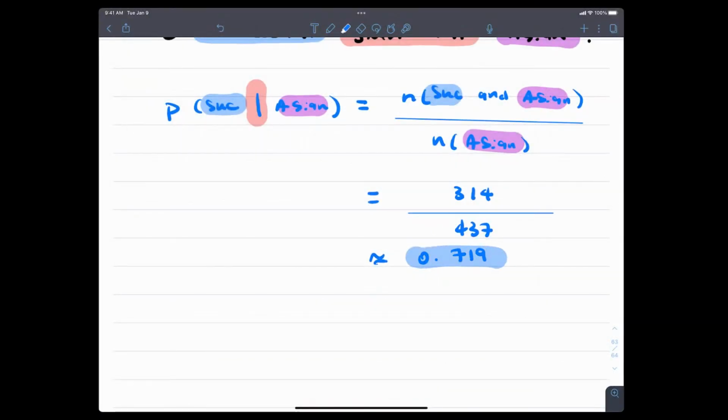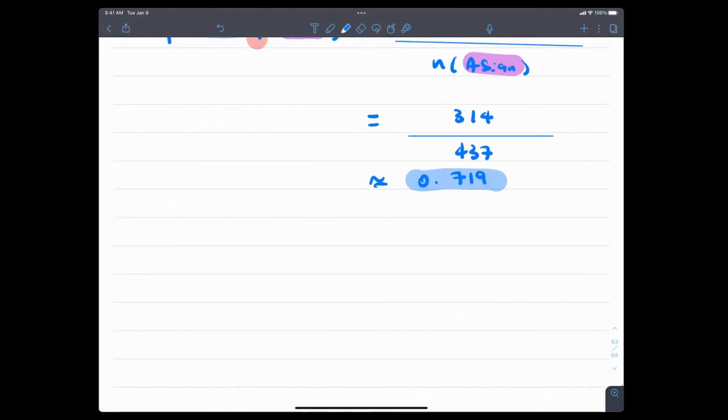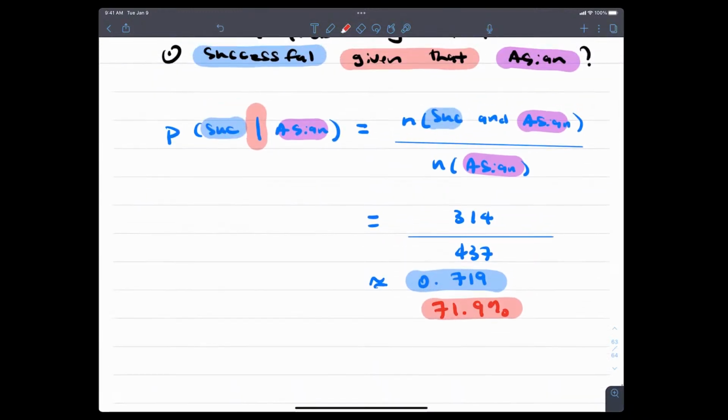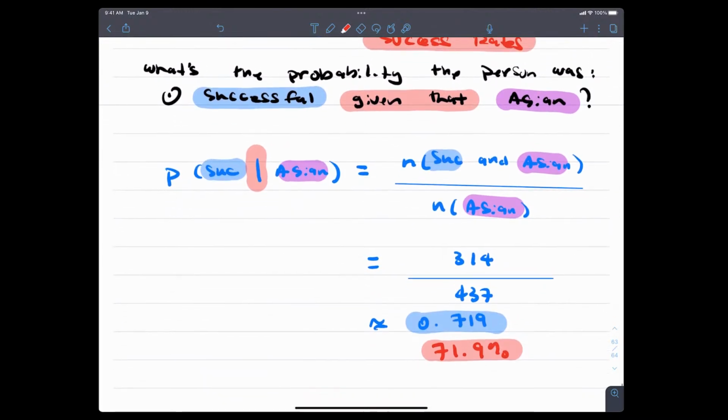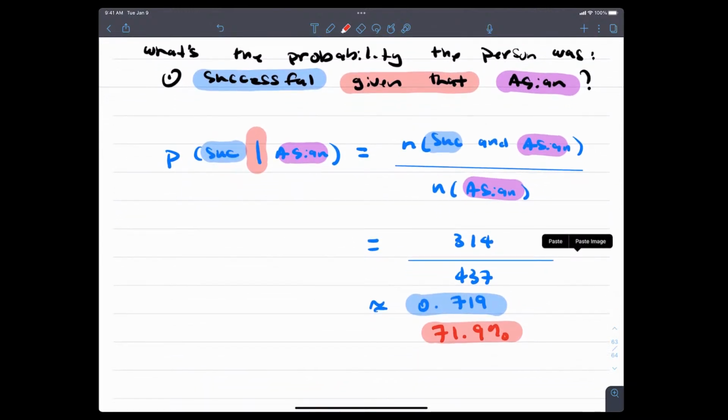Good job. And what is this as a percent? 71.9%. Move the decimal 2 spaces to the right. So this is a success rate for which group? For Asian students, ladies and gentlemen. Fantastic.